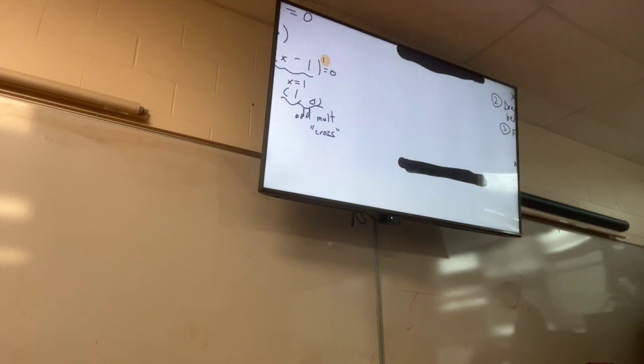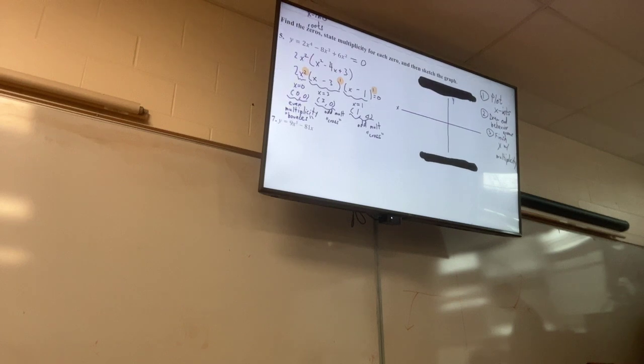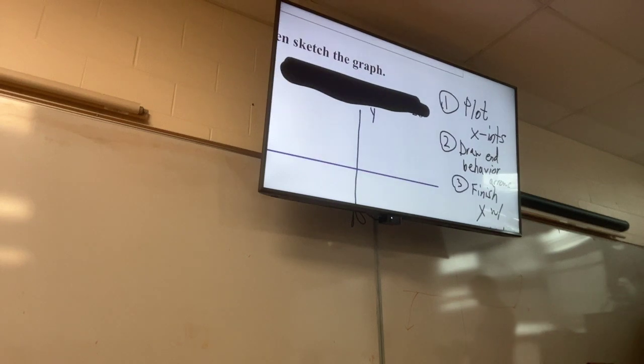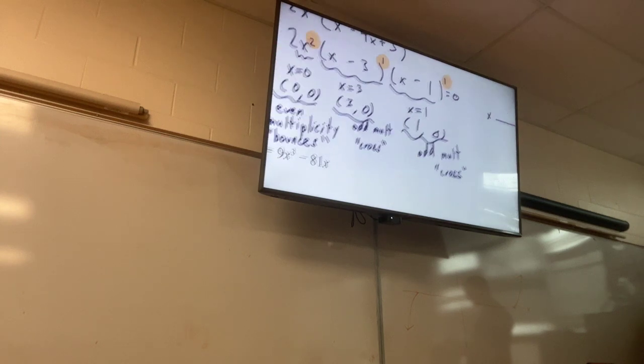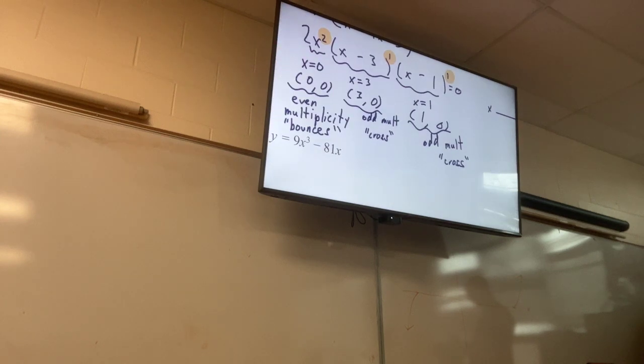All right, so let's sketch a graph now. We have everything we need. Once we know the end behavior, and we know the zeros and the multiplicity of each zero, we have everything we need. So x, y. First step here, plot your x-intercepts. So I'm going to plot these 3 points I just found.